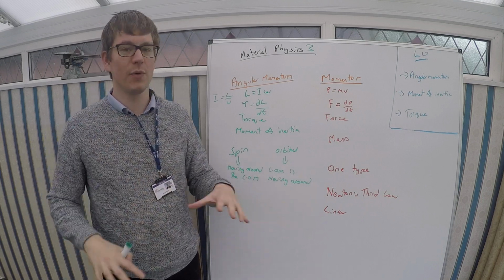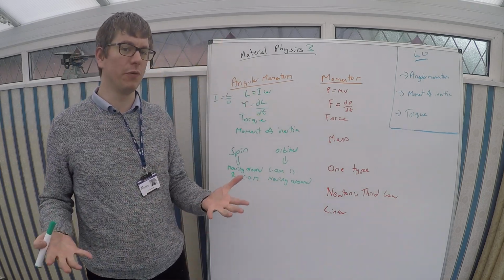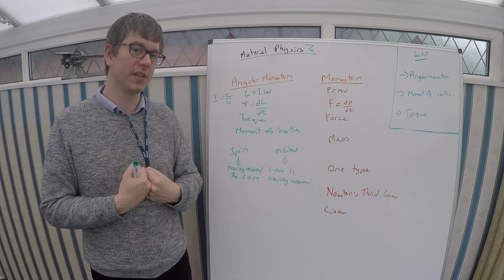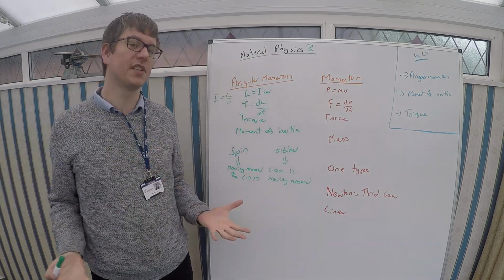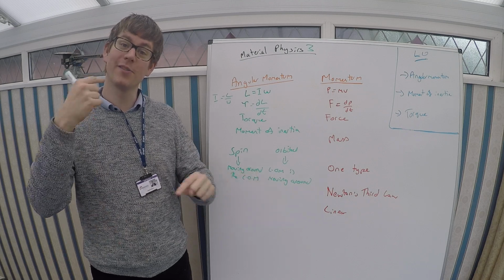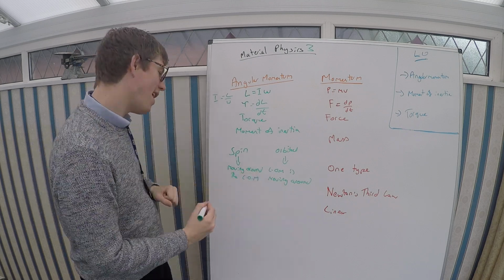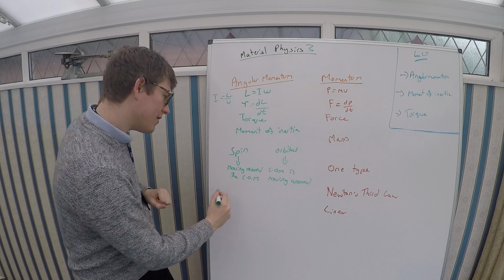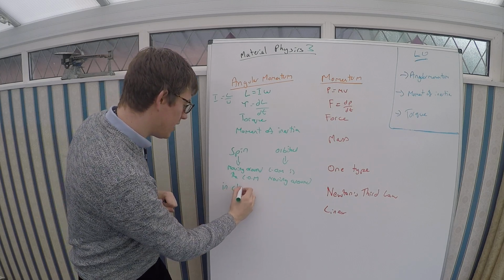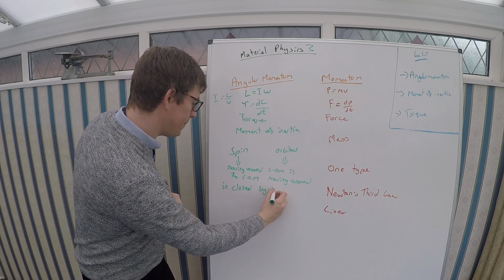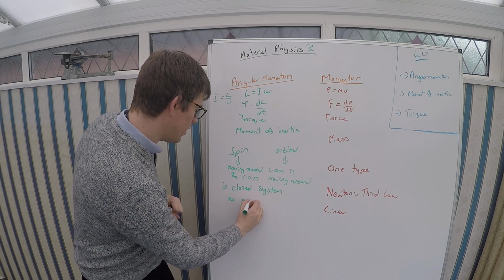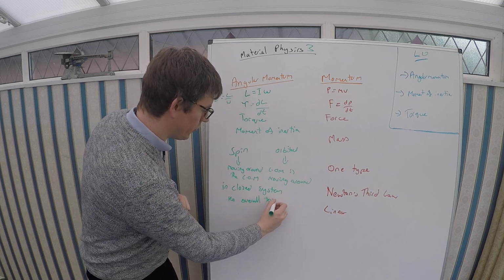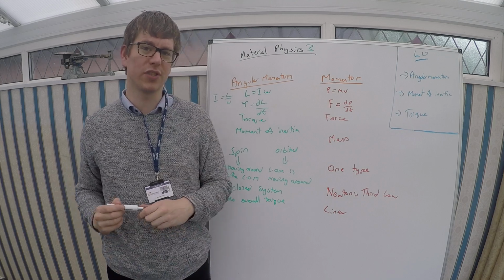So exactly the same way that within a closed system there's overall no force, because equal and opposite forces. Same thing, in a closed system there'll be no overall torque, because all the turning forces will cancel each other out. So therefore we can put in closed system no overall torque. So if you do the vector sum of all the torques, you'll get 0.